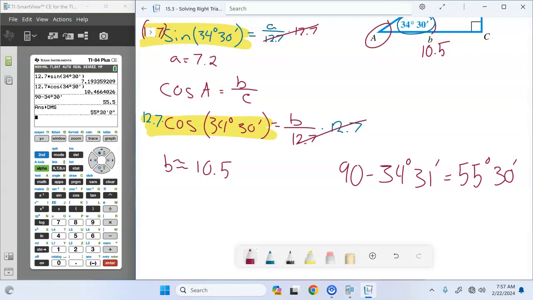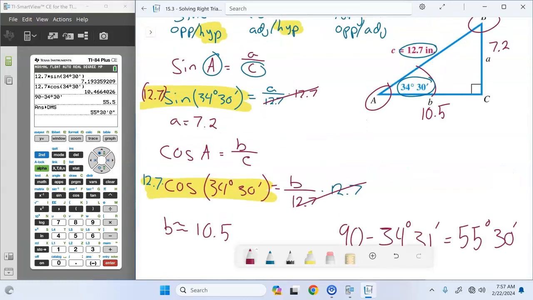Now, there are some variations on the solution and the order that you can do it. Okay? We could have solved for angle B right at the beginning and used angle B for everything. Or we could have done sine of A and sine of B in order to solve for side A and side B. There's some variation, okay? But I want to offer this warning.